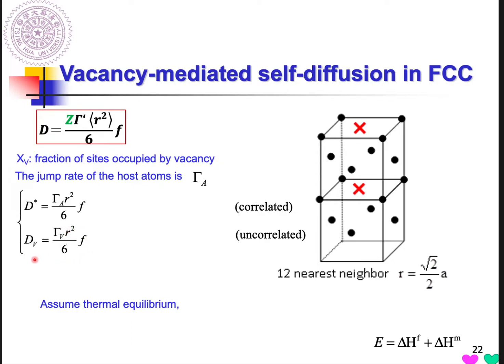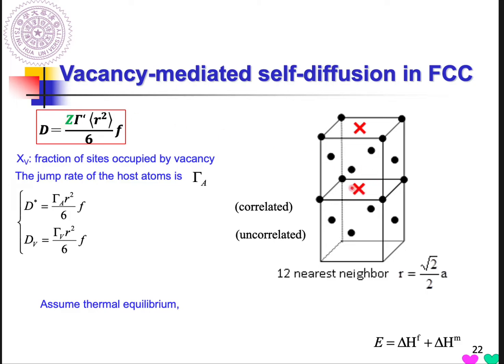And we know the nearest distance, small r, is this distance. So you take a, the lattice constant, take the square root of 2, and divide by 2. So you get the nearest distance between the vacancy and the atoms. Now we know small r. Then, in order to know the total jump rate, you need to determine z.